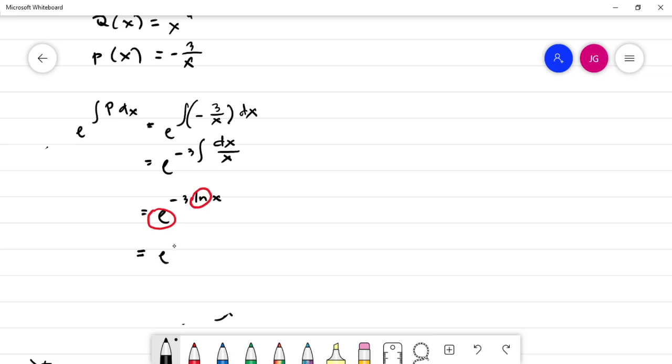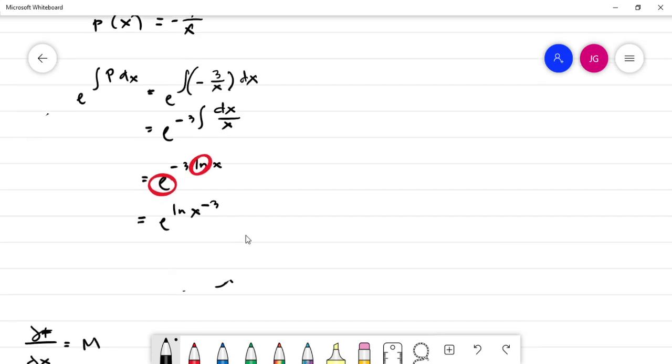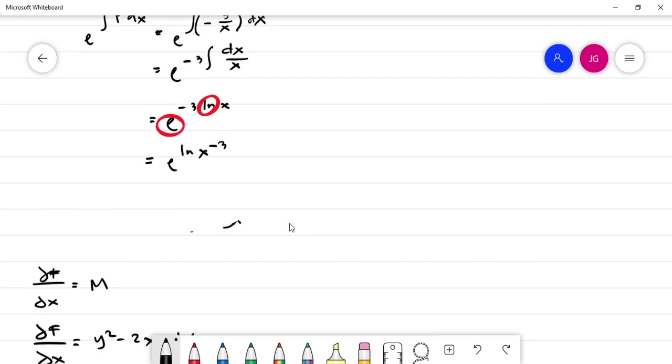So that is e raised to ln x raised to negative 3. Then since we have e raised to ln, this will become 1. And e raised to the integration of p dx is equal to x raised to negative 3. Okay?